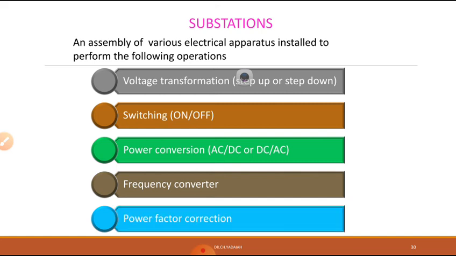And coming to power factor correction, this is where the substation is intended for correction of the power factor by using capacitor banks. Generally, by generating reactive power in the power system, we improve from lagging power factor to leading power factor.